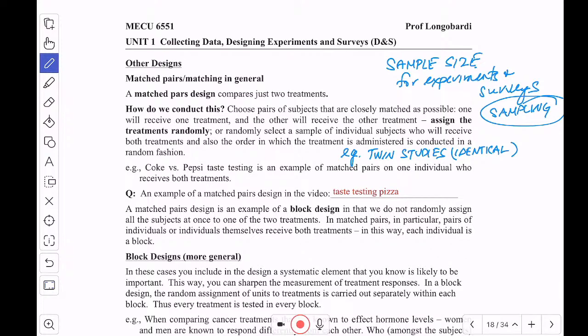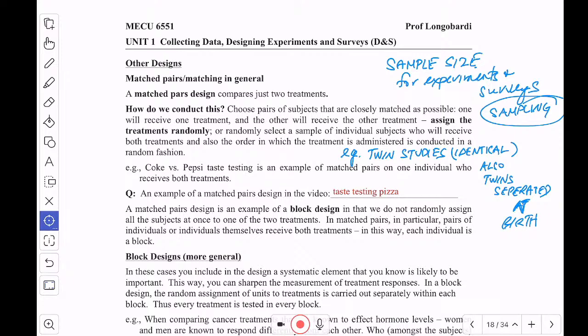So you can look at the difference that environmental effects can have, or the impact the environmental conditions can have relative to genetic characteristics.